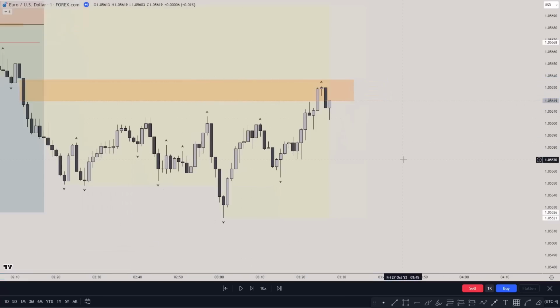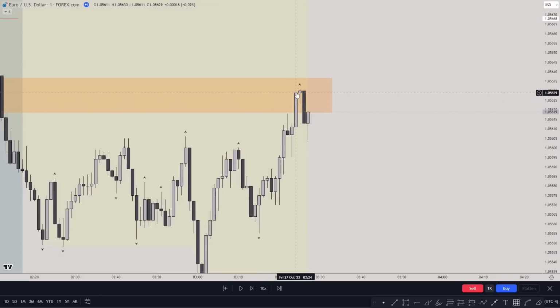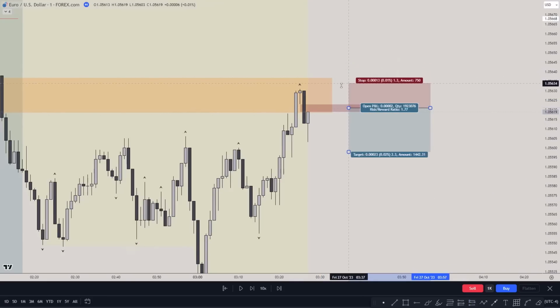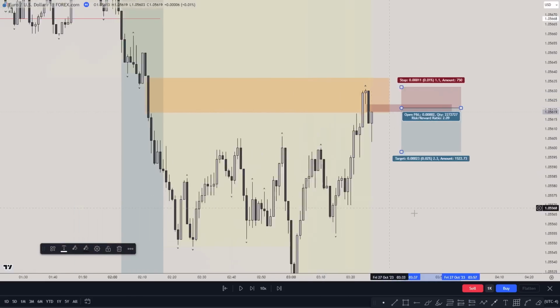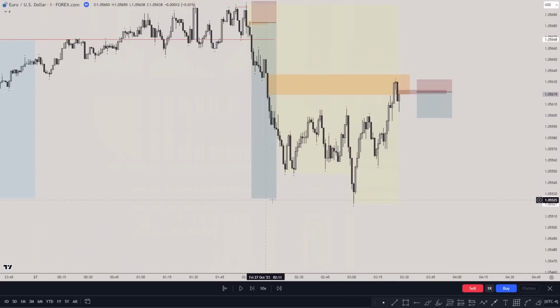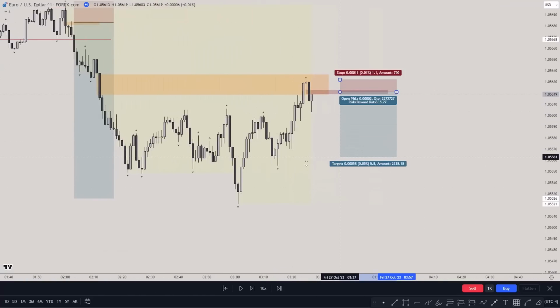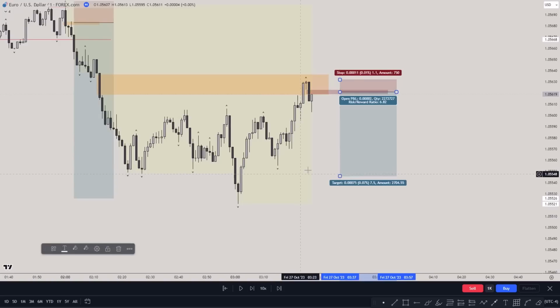Price comes here, and what do we see? Price came inside, a candle, another big candle, and then a fair value gap was created here. So I entered from this fair value gap right here, at 50% of the fair value gap, with stop loss just above the high of this candle. Because the Asian low was already taken, what I targeted is only this low and also this fair value gap, so 50% of this fair value gap.